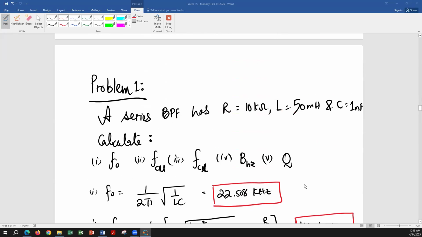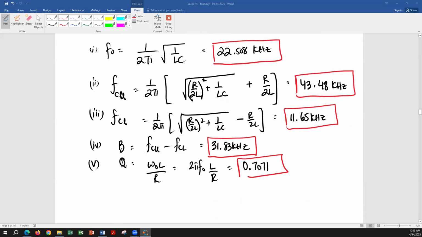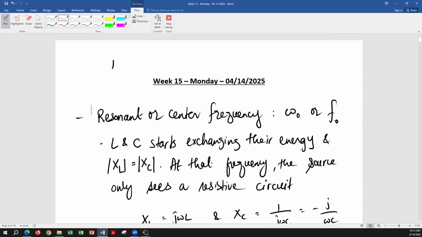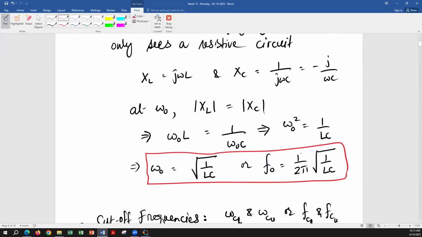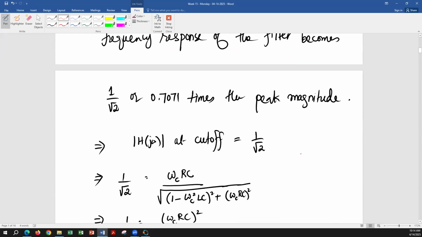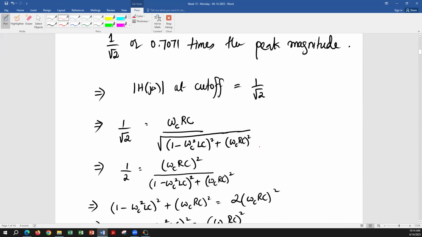Okay, so go to the last lecture because we do have the equation here. Let's go back. Right here, we have the magnitude response equation.